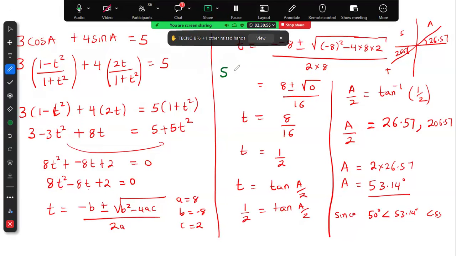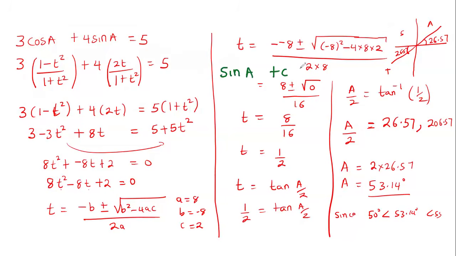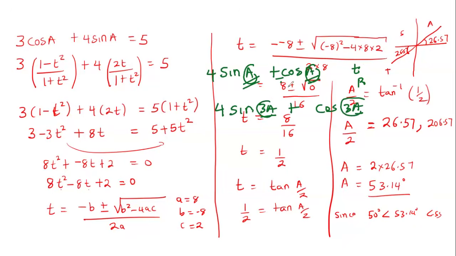But like I've said, if you find that you have sine A plus cos A, let me say there is any number, whenever these two angles are the same, you can either use T or you can use R. But if it is a single angle, the best approach is either T or R. But if the angles are the same, let me say you have 3A and 3A, for such angles that are beyond one angle, the best to use is R. Understood?